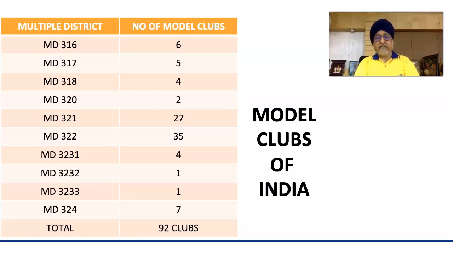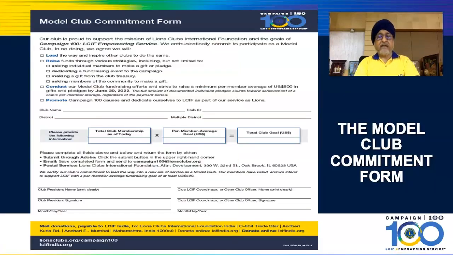At the district conferences, district installations, multiple conferences, and area forums at various levels, model clubs are recognized. They will also have the opportunity of having a photograph with the campaign leadership and the LCIF chairperson when they meet them at different forums. It is very simple to make the commitment.